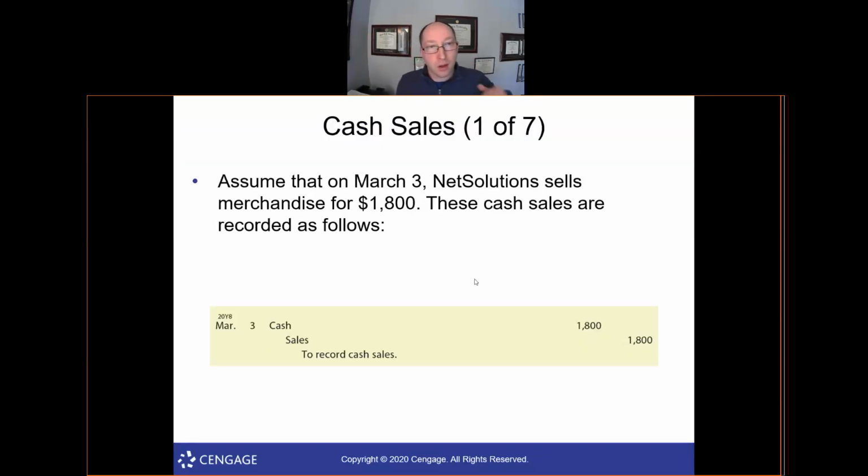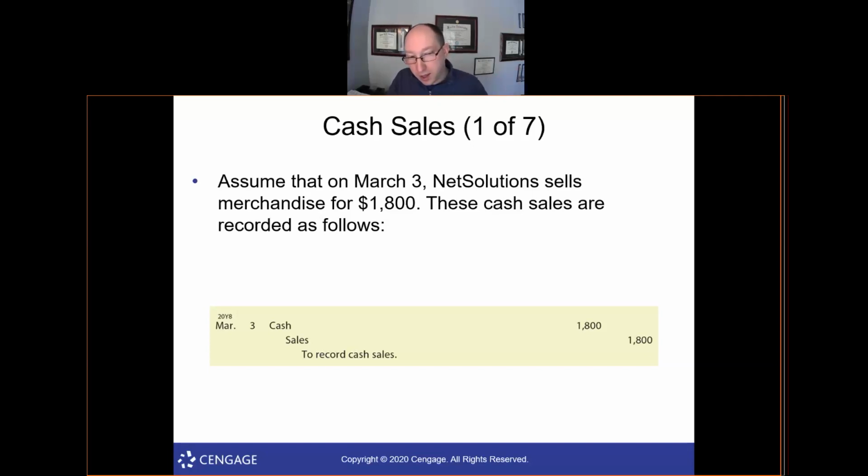So, our company sold some merchandise. We sold some of our inventory on March 3rd. We debit cash because we're receiving cash from our customer at the time of the sale by $1,800. When you debit cash, that means you're increasing cash. We also need to reflect that we sold merchandise to receive that cash.